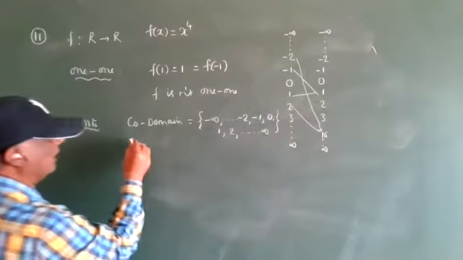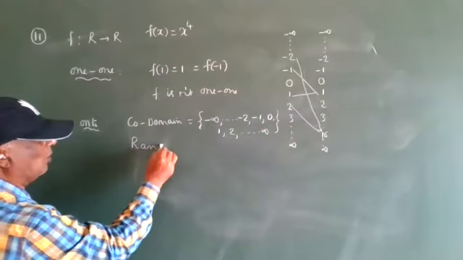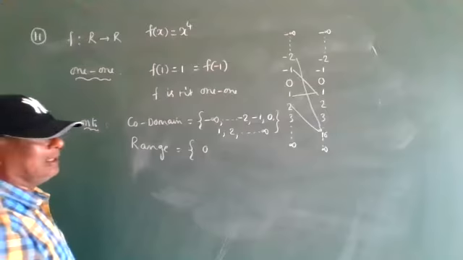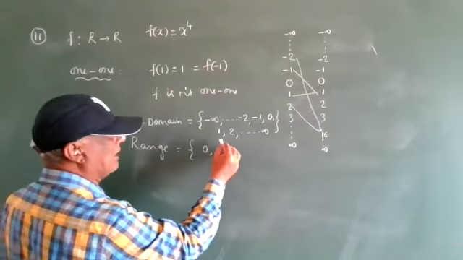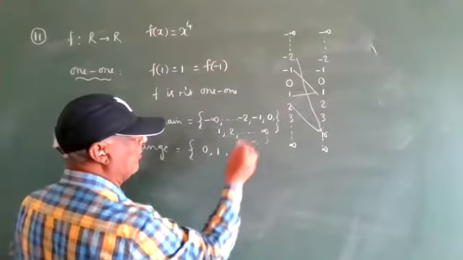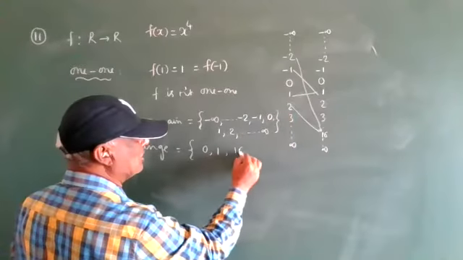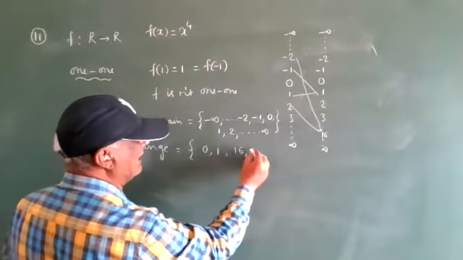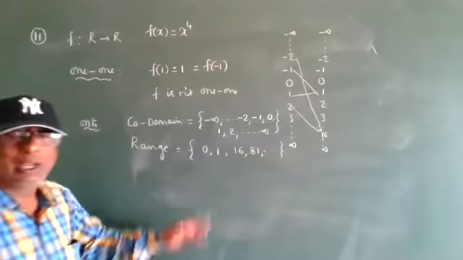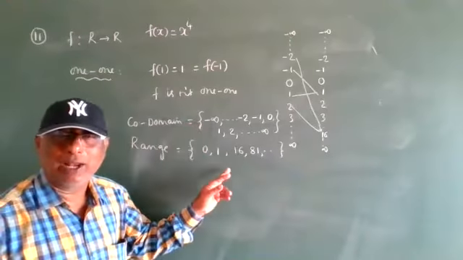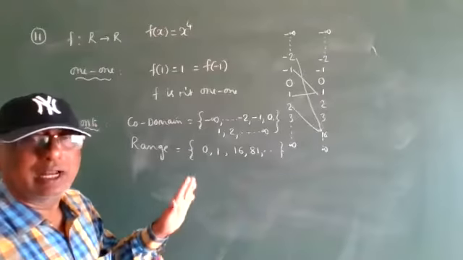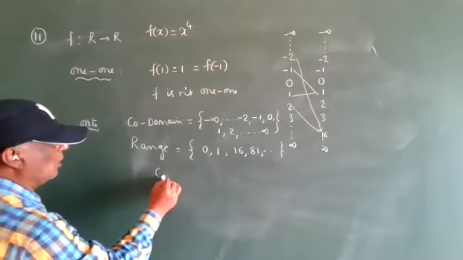This is the codomain, but the range is only positive values. 0 gives 0, 1 to the power of 4 is 1, and next we are getting 16, next we are getting 81. These are positive values only, we are not getting negative values. So codomain and range are not equal. Therefore, it is not onto.